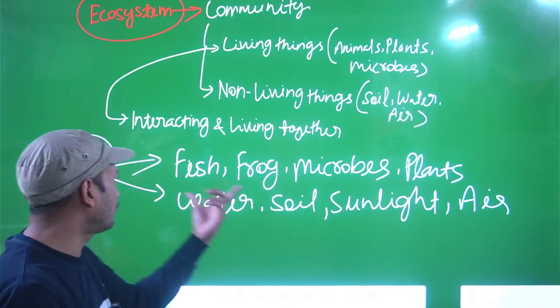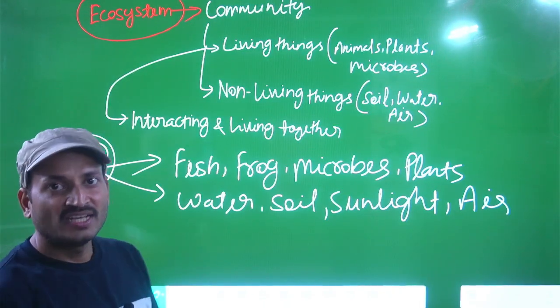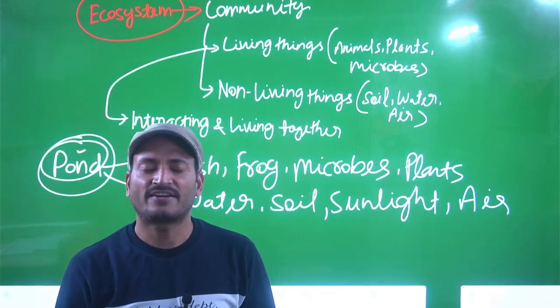So that's what an ecosystem is, for example, a pond ecosystem. So this is all about the ecosystem that we require to know.